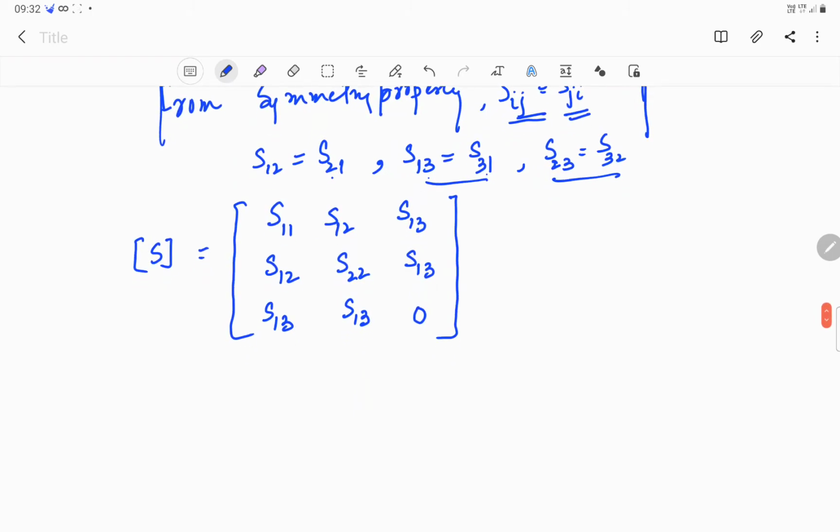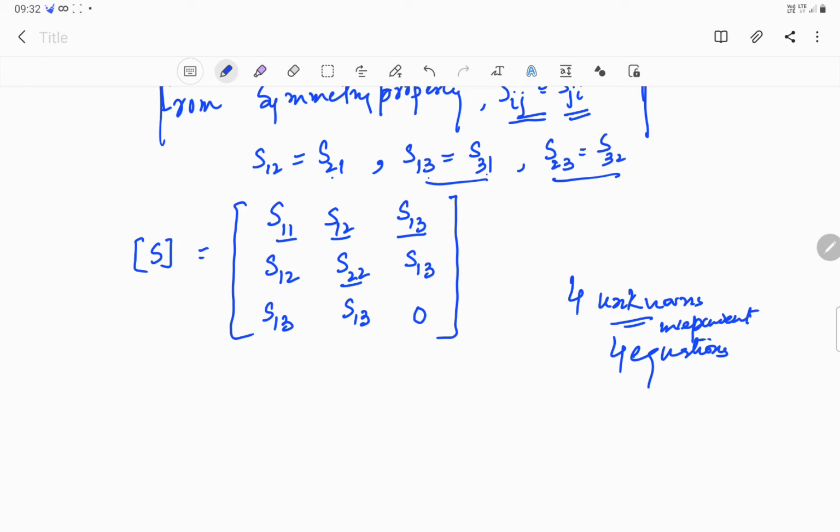Now, if we look at how many unknowns we have: 1, 2, 3, 4. So we have 4 unknowns, and we need a minimum of 4 independent equations for determining these values.